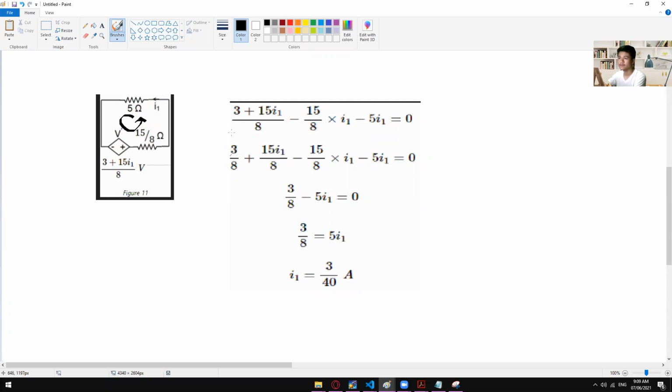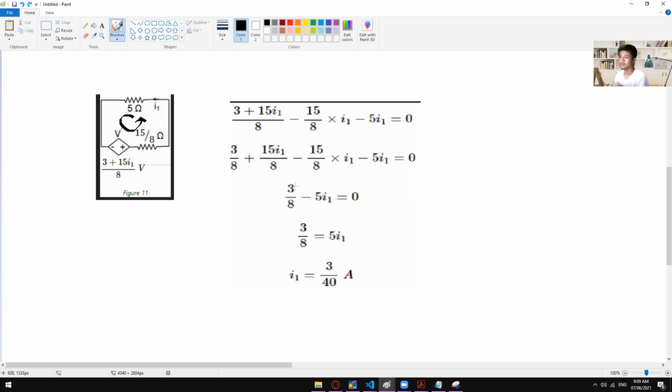Okay, and then from here, you can now separate those two into this kind of circuit right here. 3 divided by 8 plus 15 I sub 1 divided by 8. Okay, so in here, we'll just add the same units or variables, wherein we have 3 divided by 8 minus 15 divided by 8. Okay, and then what's next?